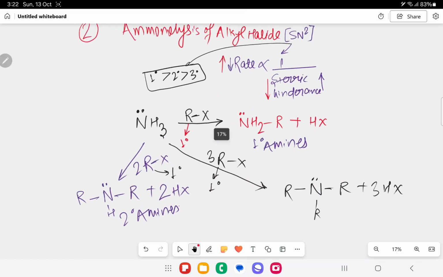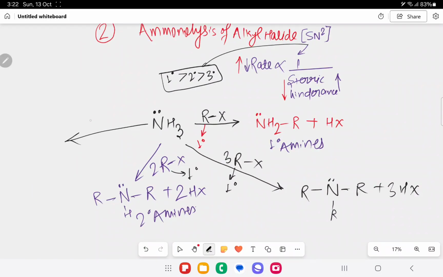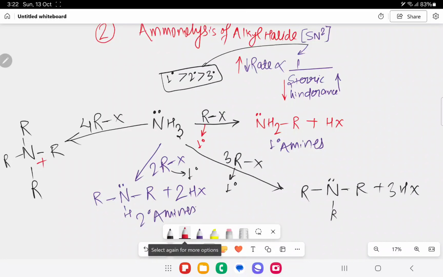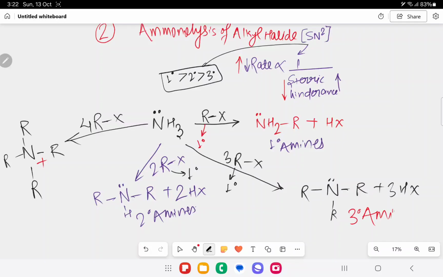And suppose this ammonia reacts with 4 mole of RX, then it will be converted into R over here, R over here, R over here, and R over here, and this gets a positive sign. It means first you get a 1 degree amine, second a 2 degree amine, here a 3 degree amine, and here you get a quaternary ammonium salt. Getting my point or not?